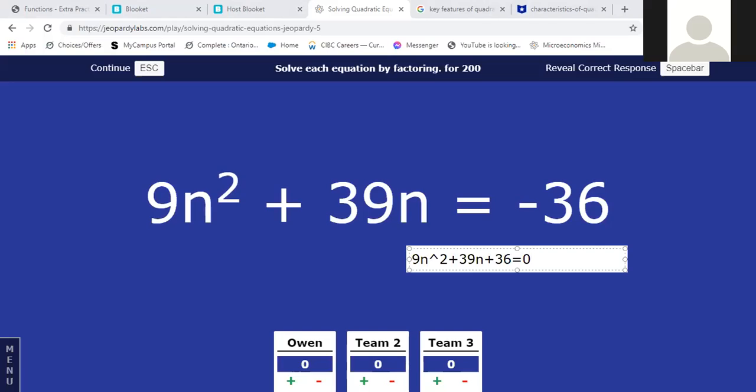So what you have to do here is, this is in the form of ax squared plus bx plus c. So what you have to do is you have to do a times c. So 9 times 36. And what's 9 times 36?